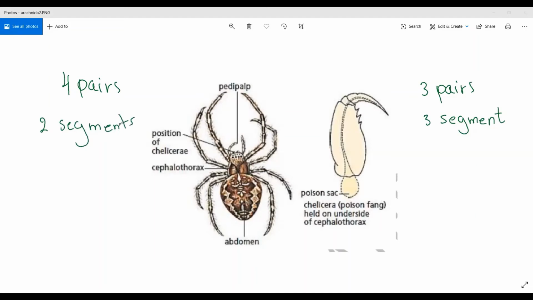This is because the head and the thorax are fused together, and we call both of them together the cephalothorax. Cephalo means head in Latin. It means the head and the thorax are joined together. And the other segment is the abdomen, and it is very clear in front of us here. This is the abdomen, all this. And here is the cephalothorax.